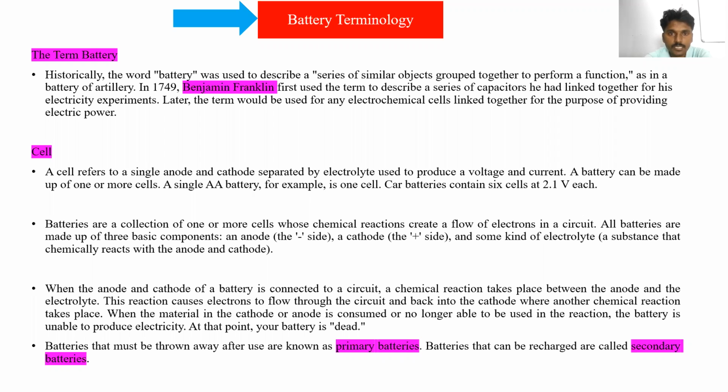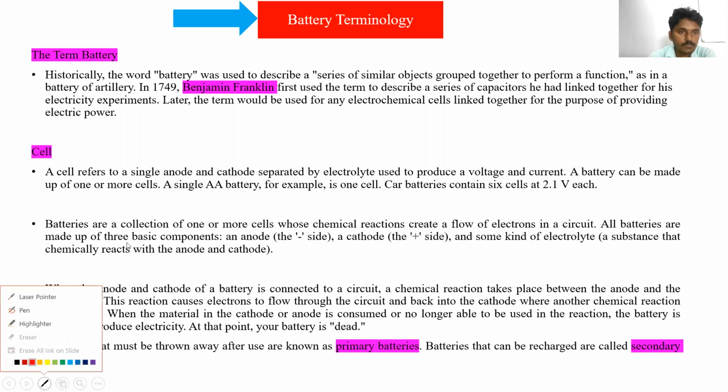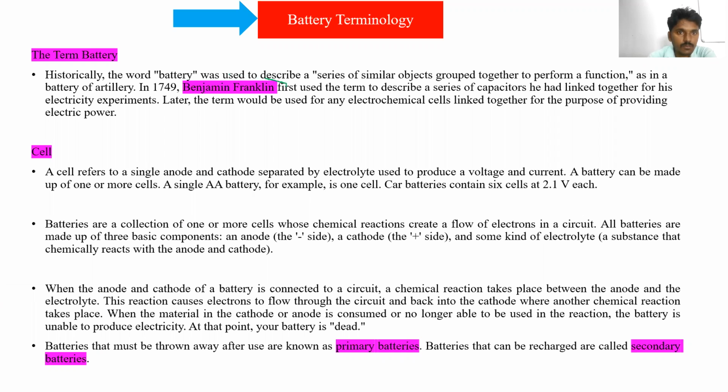to describe a series of capacitors. The name of the scientist is Benjamin Franklin. He did some experiments by taking capacitors, two or more, connected together in series or parallel.